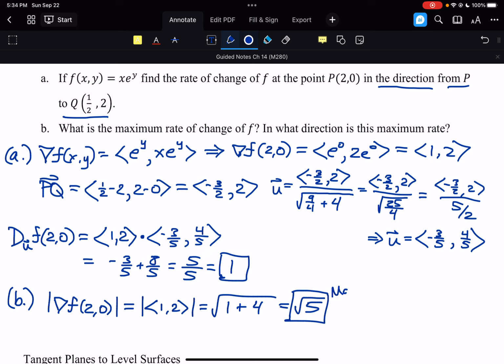So this is our max rate of change. And it is in the direction of the gradient vector. So in the direction of the vector 1, 2.